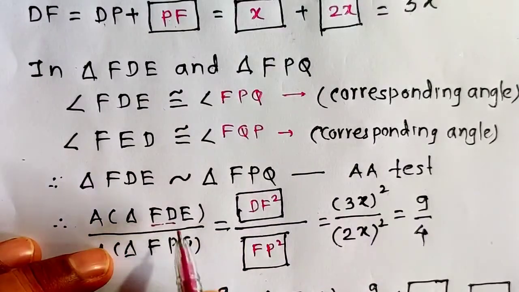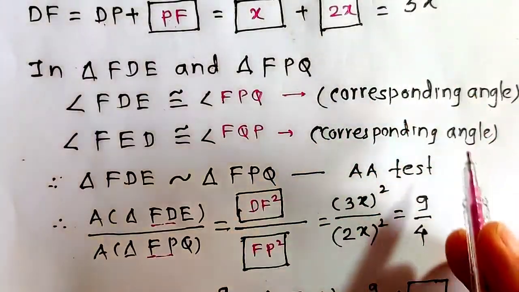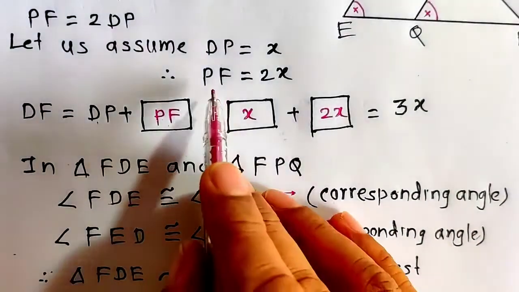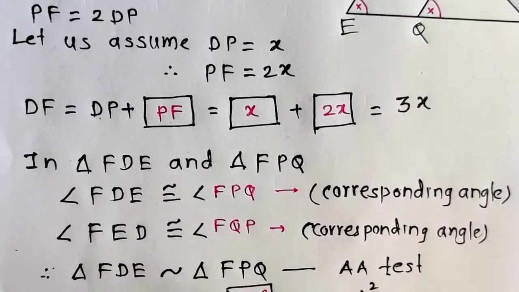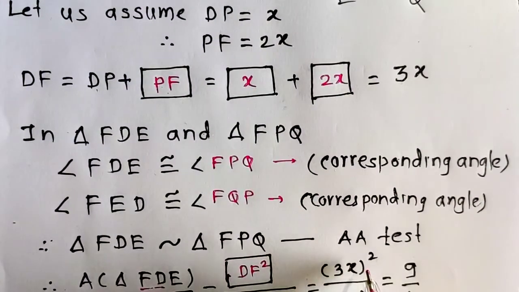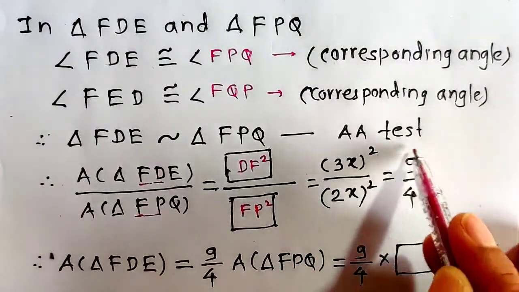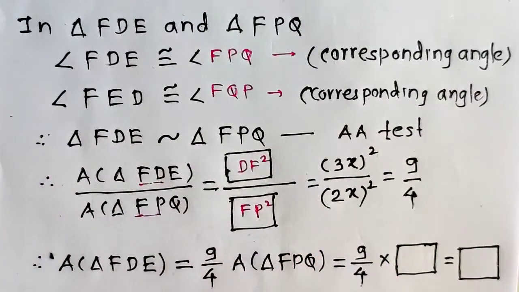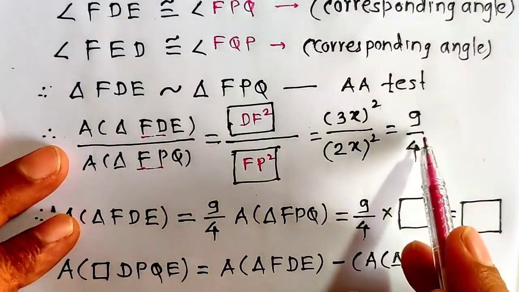This first pair, DF square by FP square. Now DF is 3x here and FP is 2x. So substitute the values, 3x square, 2x square. So we get 9x square upon 4x square. So x square gets cancelled and we get the answer 9 by 4. Now next step. This ratio is equal to 9 by 4.